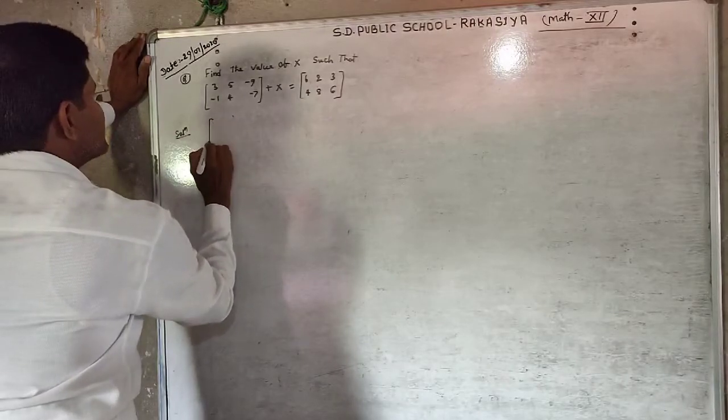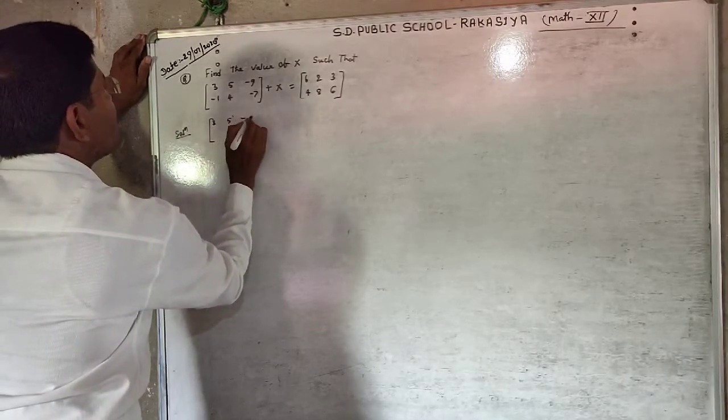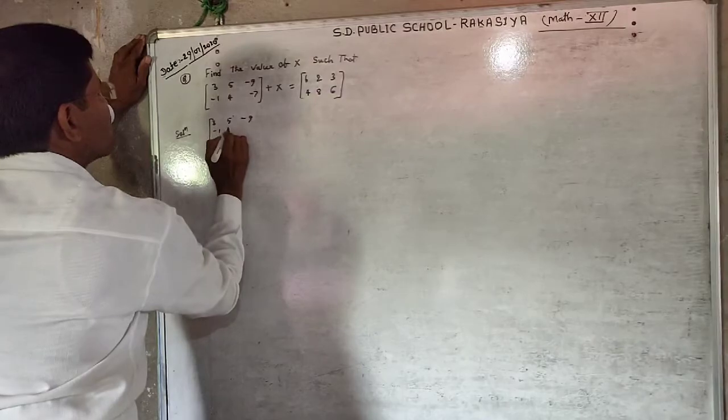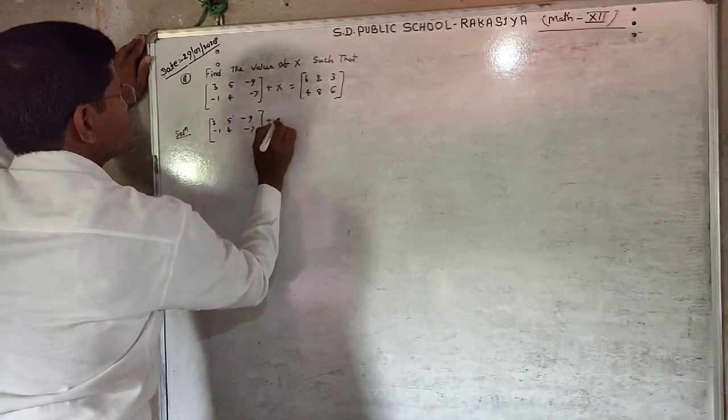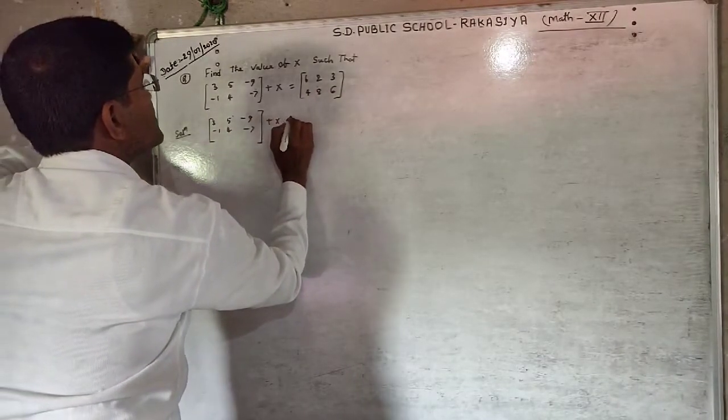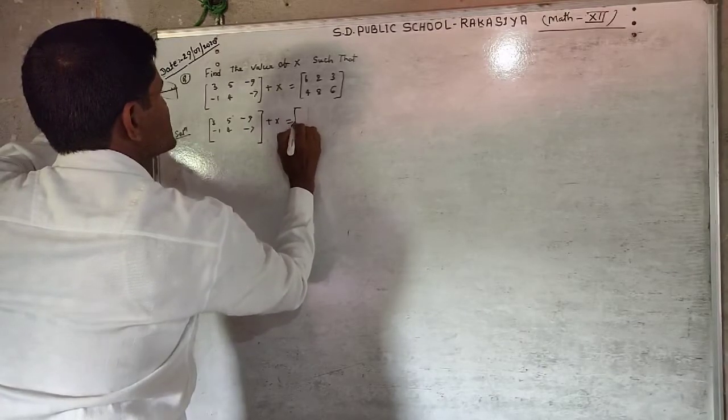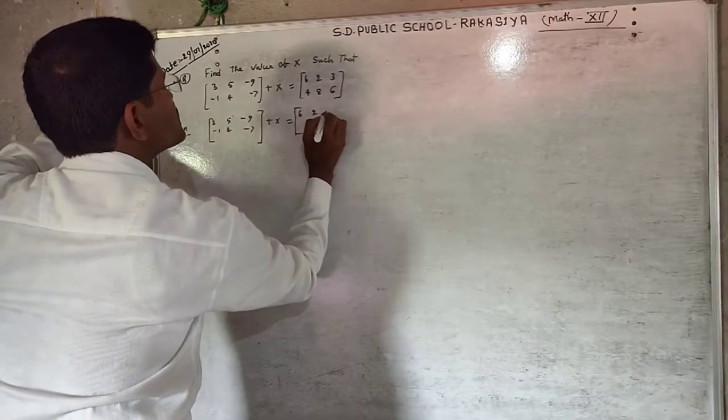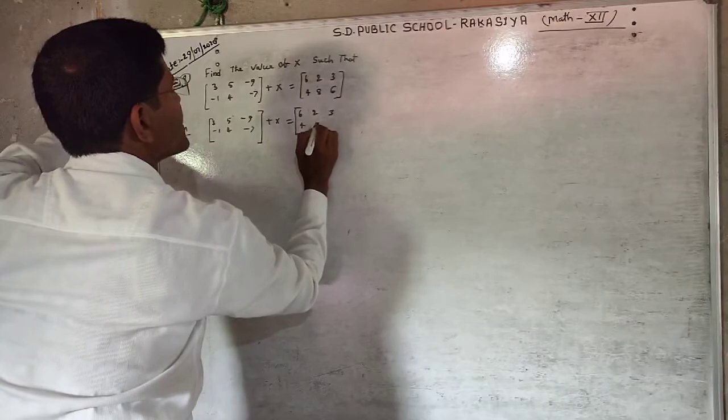If the given matrix 3, 5, minus 9, minus 1, 4, minus 7 plus X, where X is the unknown matrix, is equal to 6, 2, 3, 4, 8, 6.